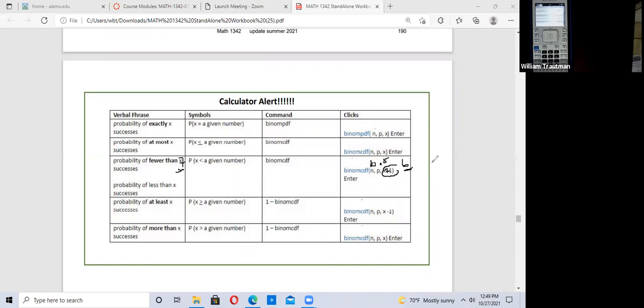And when we put that in, we get 0.828. The probability X is fewer than 7, less than 7 but not equal to, is 0.828. All right.